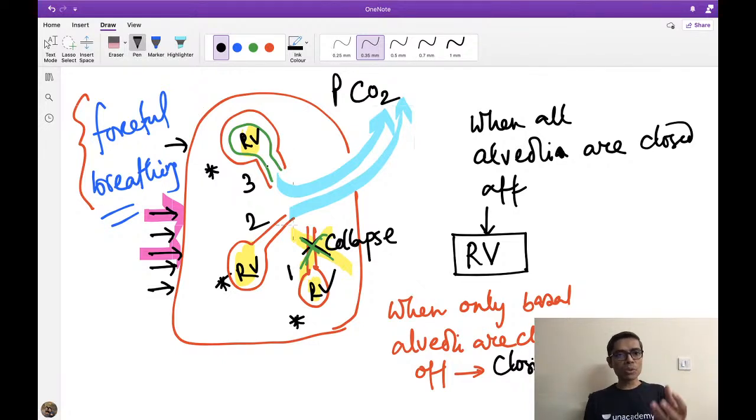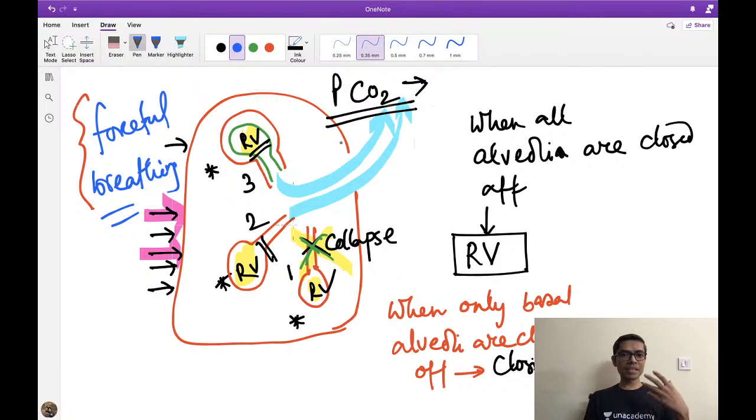So before the closure of all alveoli, before reaching the residual volume, the air which is coming out to the exterior is coming out from the apical most alveoli. Now you tell me, the air which is coming out from the apical most alveoli, what will happen to the carbon dioxide tension of this air? Low or high in comparison to other parts of the lung? Everybody tell me, we have already discussed. Recall and try to answer.